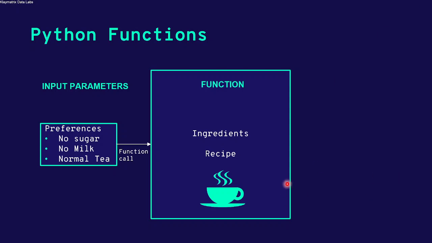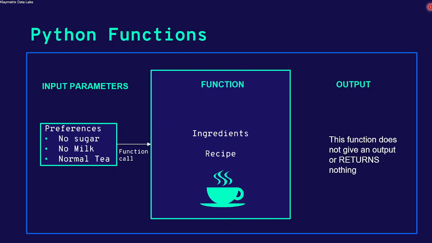For instance, in this case, the cup of tea is inside this function. It is not giving it outside the function. It's not throwing the output outside the function. So the output is nothing. The function does not return anything in this case. Whatever it is creating, it is consuming inside the function itself. And the same logic applies to the local and the global variables.